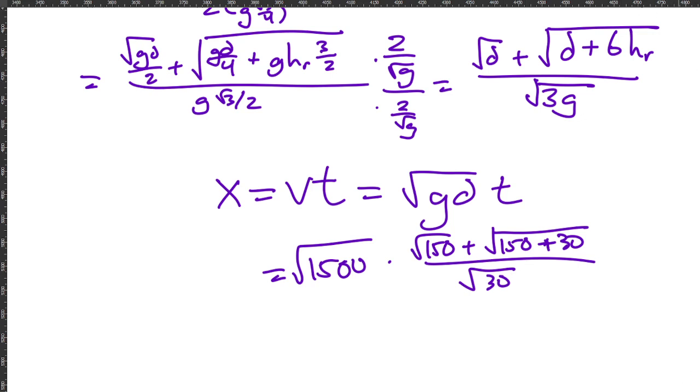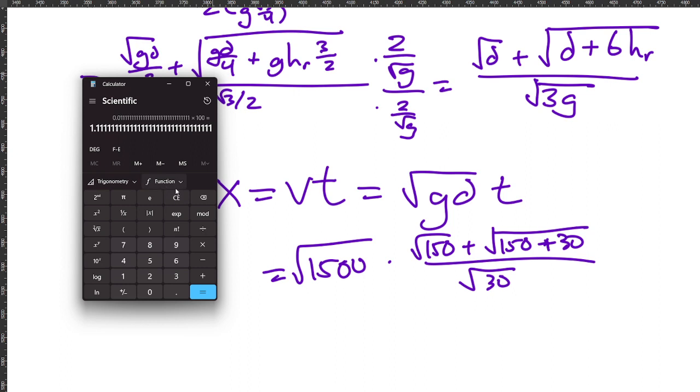Okay, let's see if my calculator wants to cooperate. This is a hard one to deal with. Let's do this. Square root. No, that's not what I wanted. 150 square root.